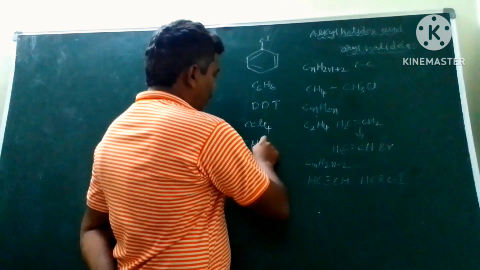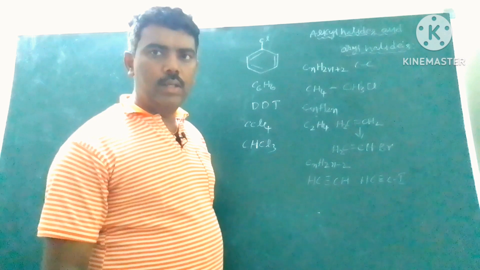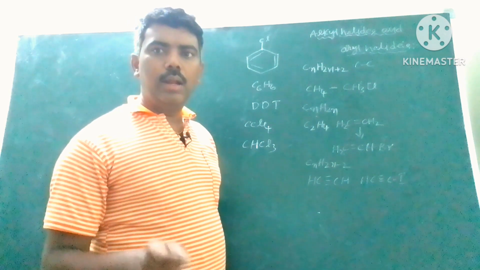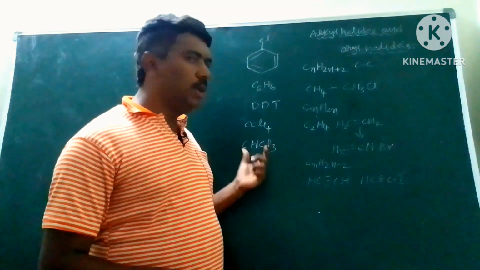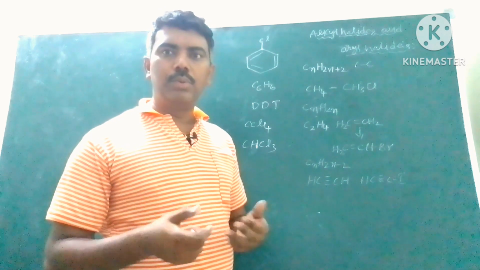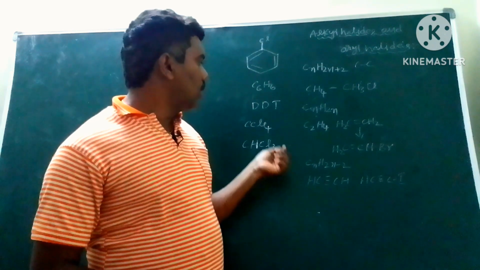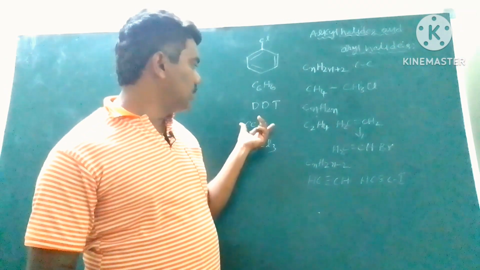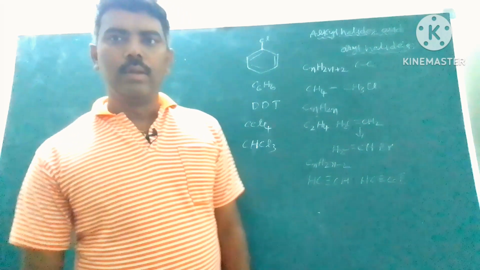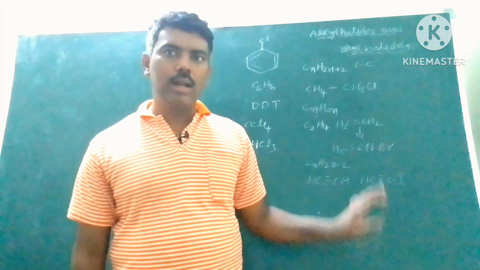And chloroform. Chloroform is also used as a solvent, and it was also used for anesthetic purposes. In the earlier days, chloroform was used as an anesthetic. Like that, different types of compounds can be used as solvents. Most of the non-polar compounds are soluble in non-polar solvents like CCl4, CHCl3. This is the introduction of alkyl halides and aryl halides.